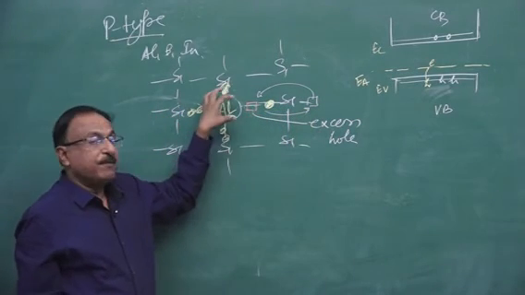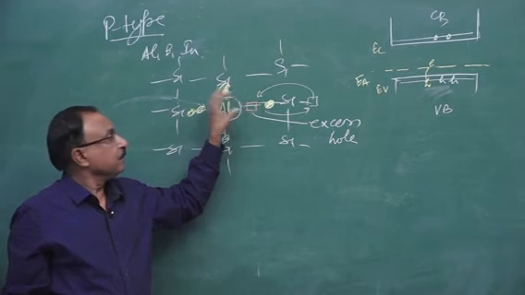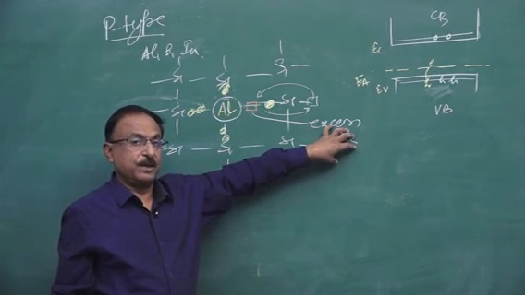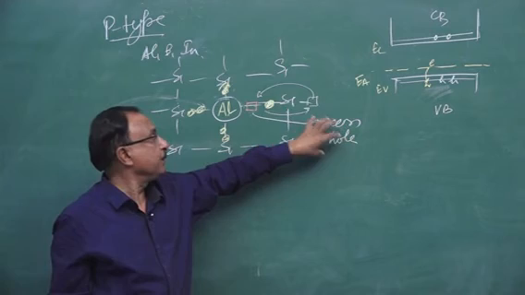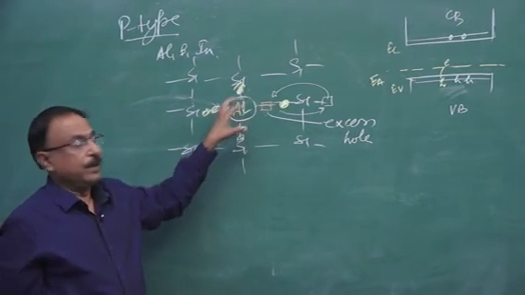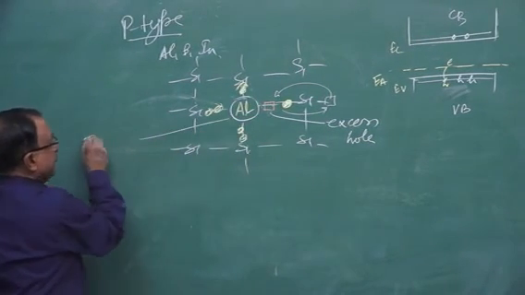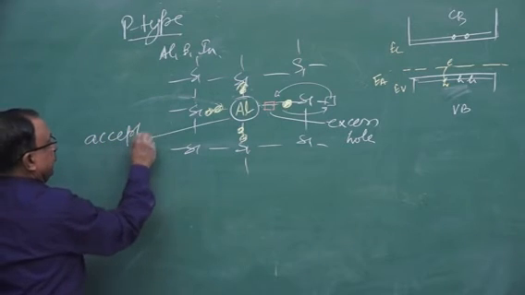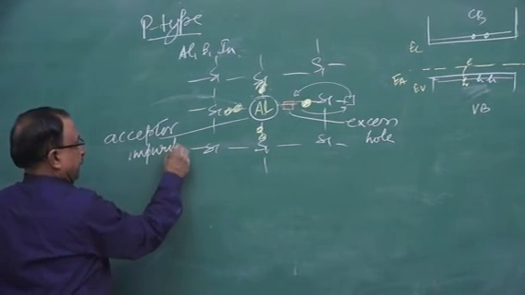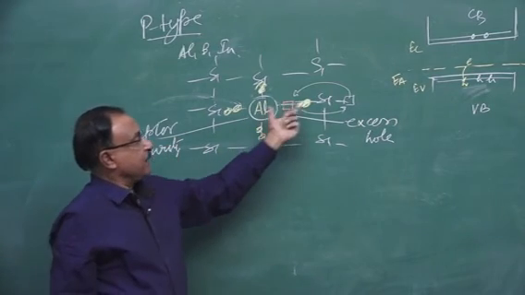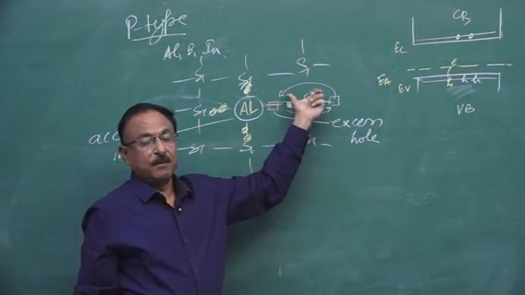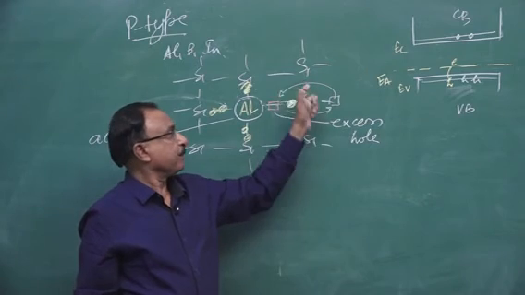So with every impurity atom, one excess hole is available for conduction with a little amount of energy, and the impurity is now called an acceptor impurity. It is an acceptor because the hole is readily available for accepting an electron.